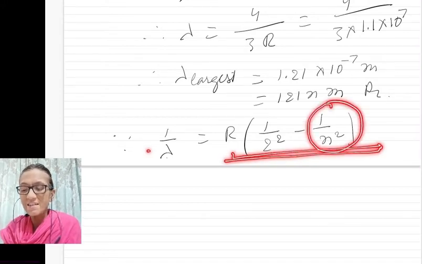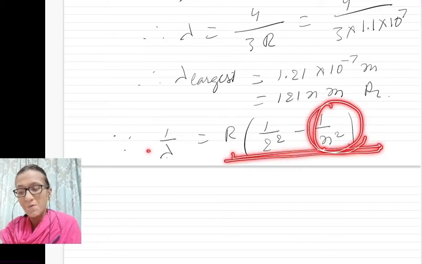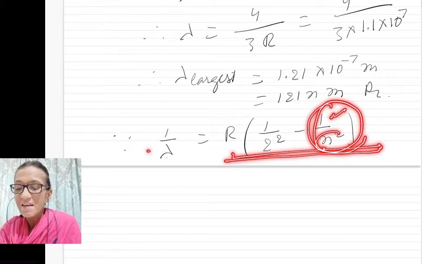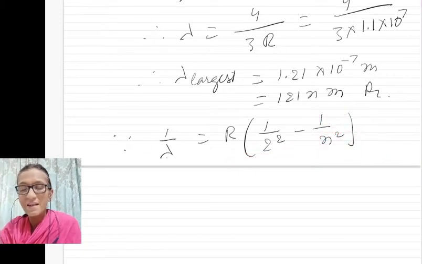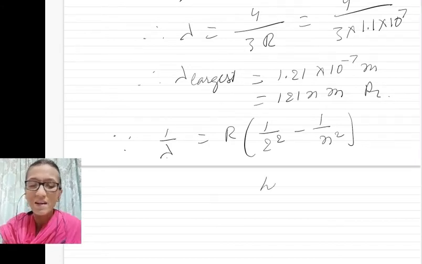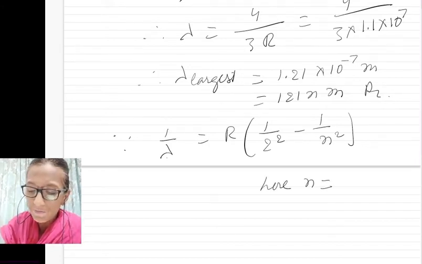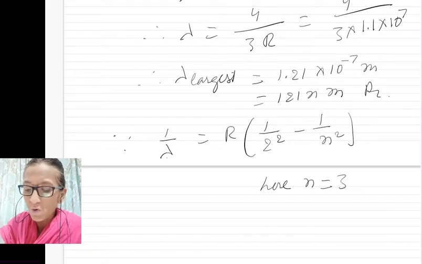For getting this smallest, this subtraction term should be largest, and it will be largest if the denominator is smallest. So n should be anything 3, 4, 5, and the smallest value is 3 only. Here n is equal to 3 only.